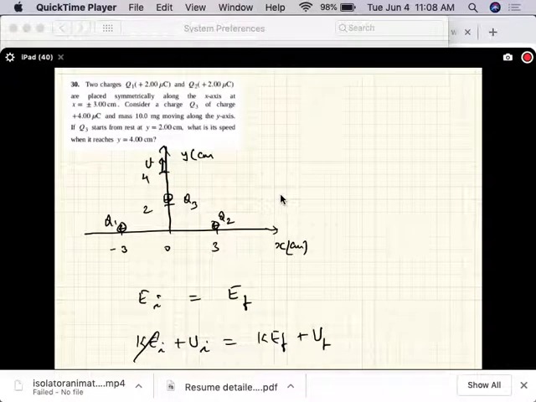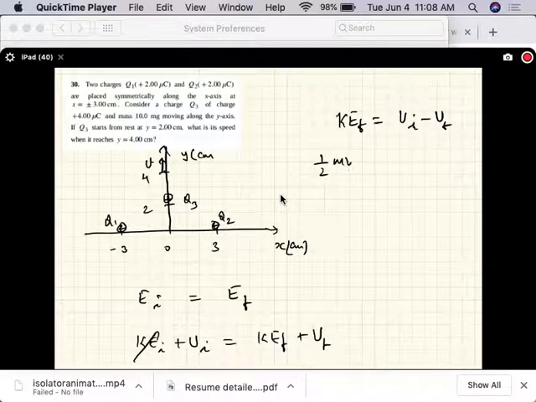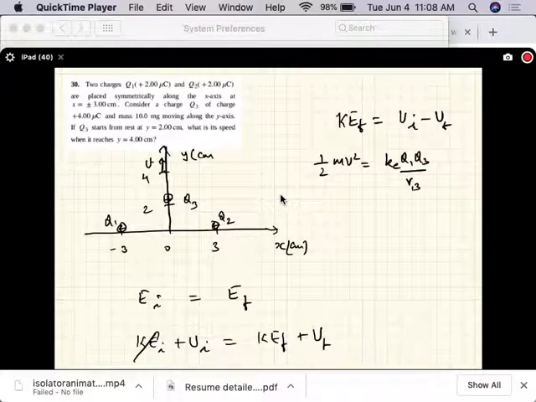So from this equation, final kinetic energy is initial potential energy minus final potential energy. So 1/2 mv squared equal to, now we'll write down the potential energies, K Q1 Q3 over R13 initial.